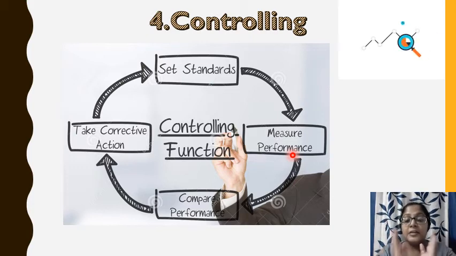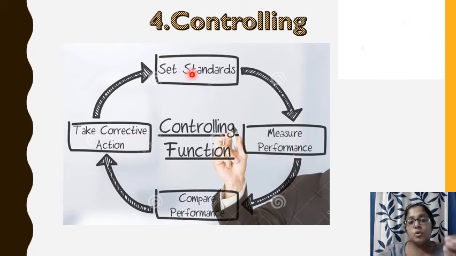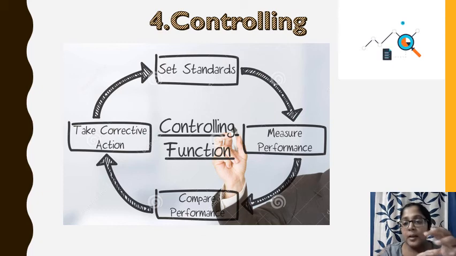If it is not working, then you take some corrective action so that you can reach your set standard. That is the controlling function, where you can add or remove something from your point of view, and you can reach your goal. Your main aim is to reach your goal, and for that controlling is very essential.